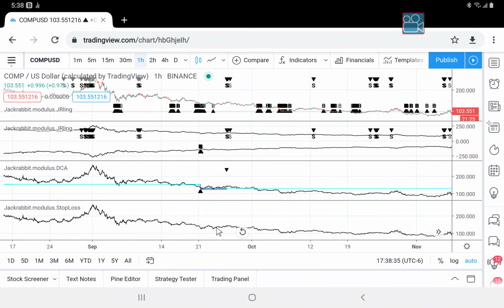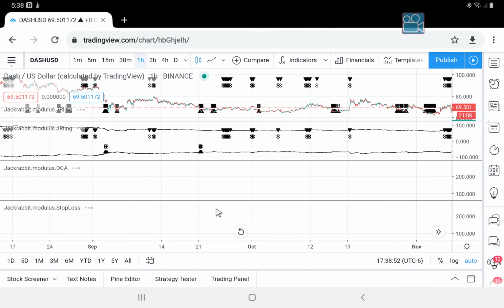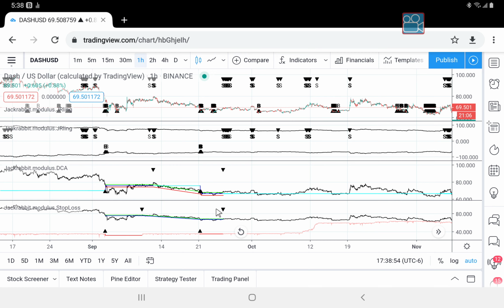If you have a bot like 3Commas, where you can trade the same coin under different wallets, you can even take advantage of both of these situations at the same time, thus doubling your impact of risk mitigation.